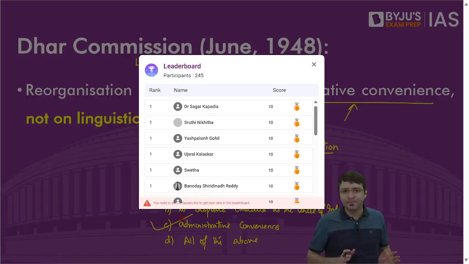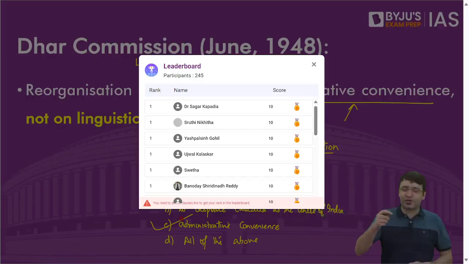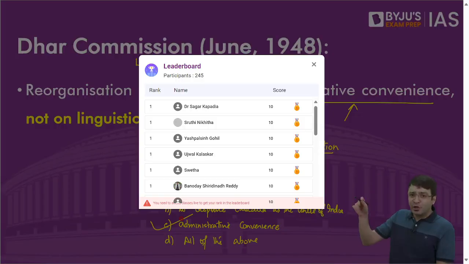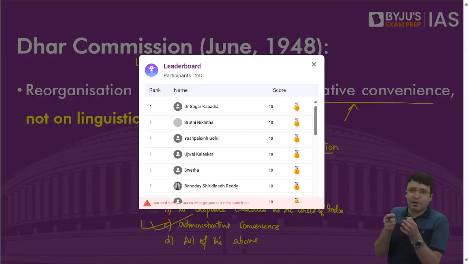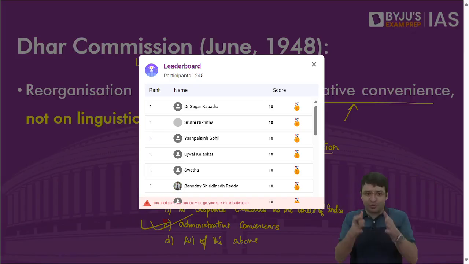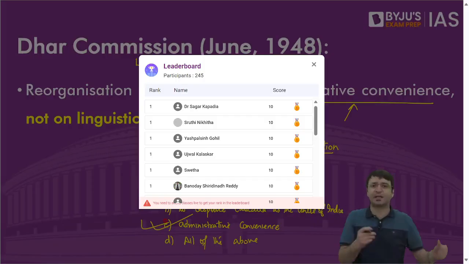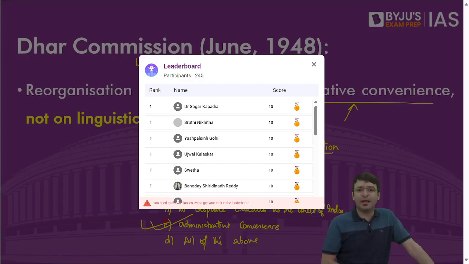So the answer to this question, which of the following was the reason given by the British to partition Bengal, is administrative convenience. But yes, hidden within this partition of Bengal was the British objective to divide Hindus and Muslims, to create a rift in the society, to displace Calcutta as the center of India's freedom struggle.